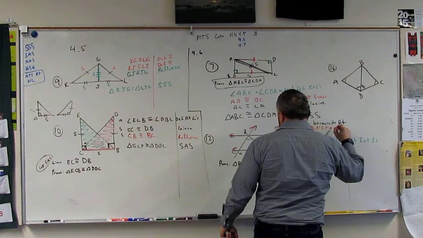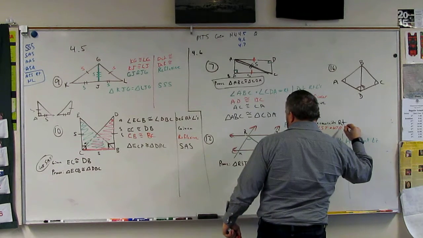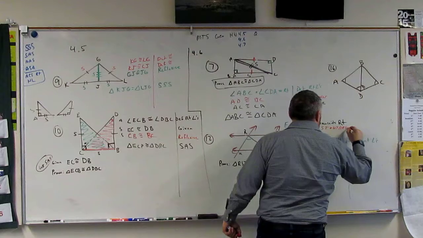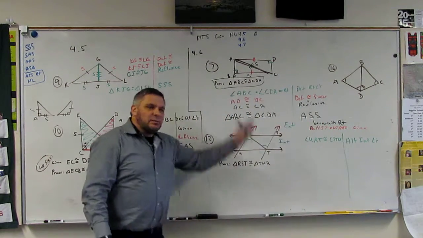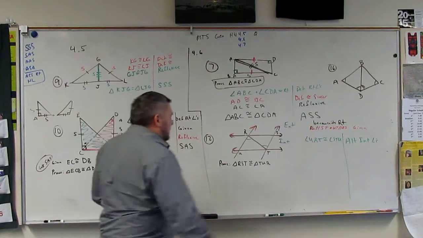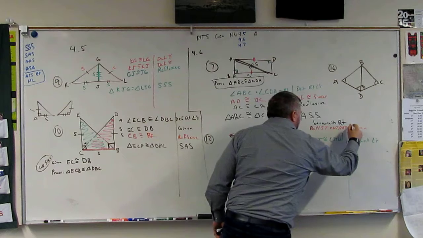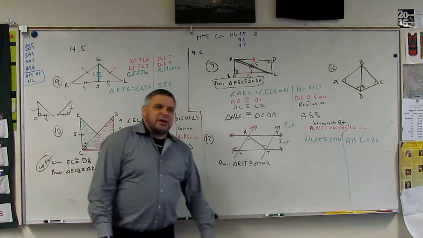And UT is parallel to RS. And that was given, because that's what they gave us. They said, hey, these are parallel. They told you that in the book, if you read the book. So we have to write that as a given. Alright. So then from that we can say alternate interior angles.